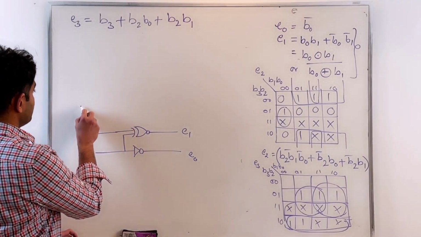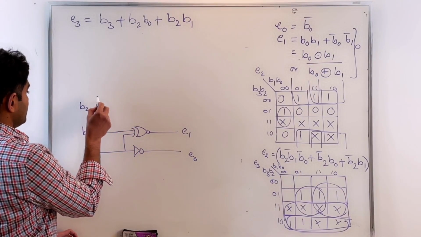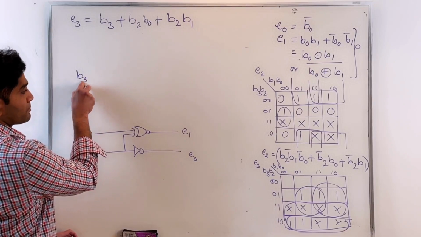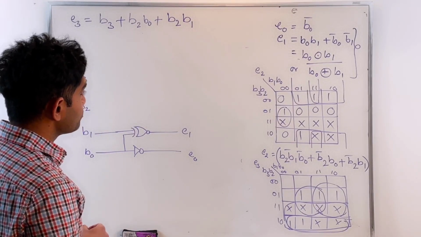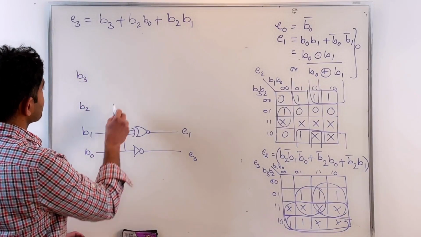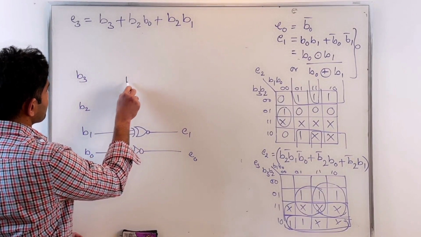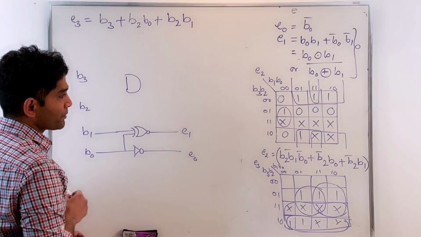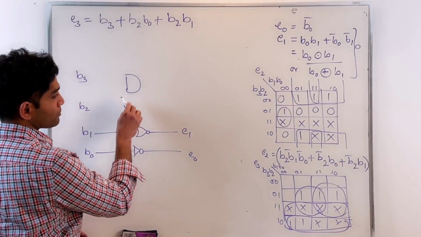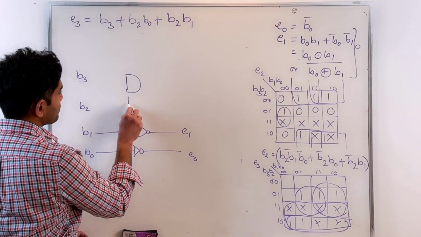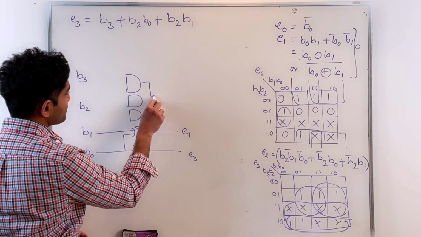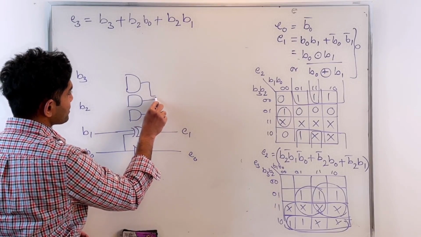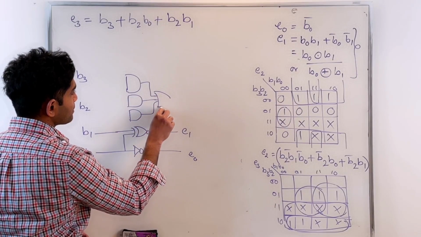Okay, B2, then I have B2 and B3. So my E2 is going to be B2, B1 prime, B0 prime plus B2 prime, B0. And all of these going into an OR gate to give me my E2.